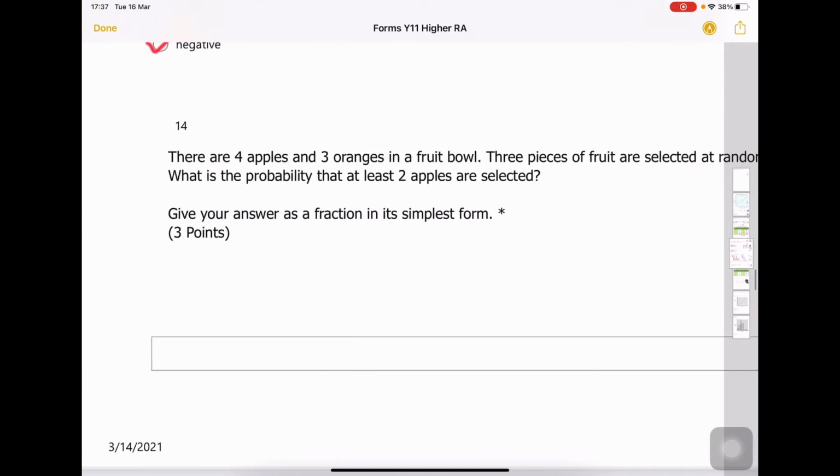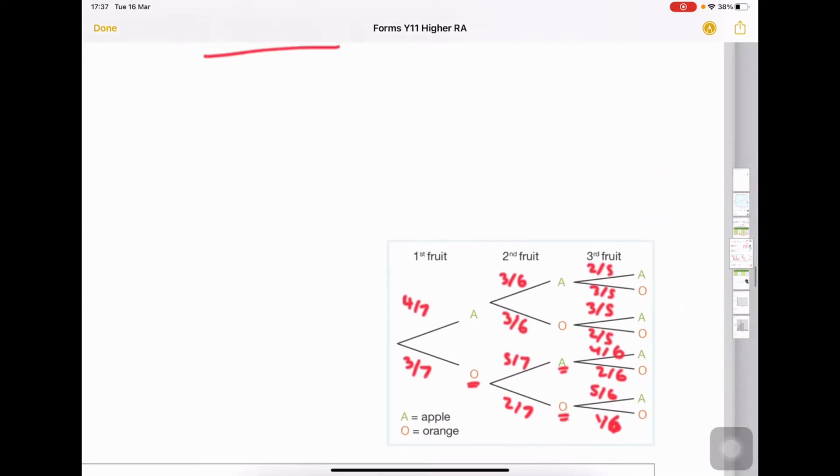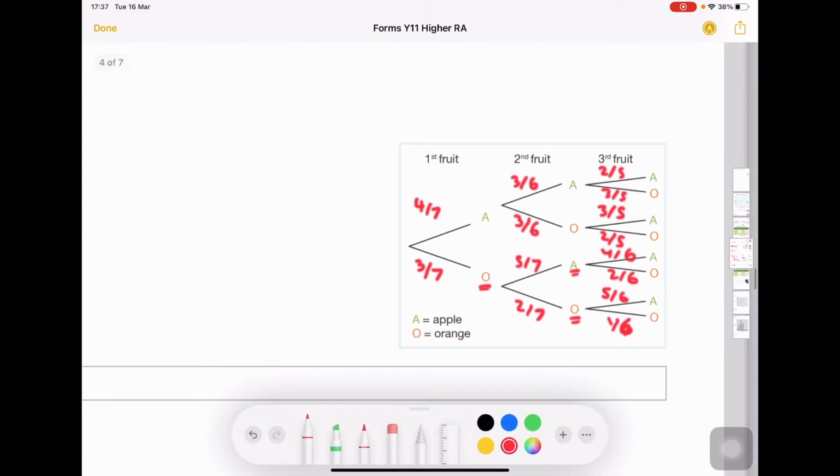So what is the probability that at least 2 apples are selected? At least 2 apples. So the possibilities are selecting 3 apples, selecting 2 apples and an orange, selecting an apple followed by an orange followed by another apple.